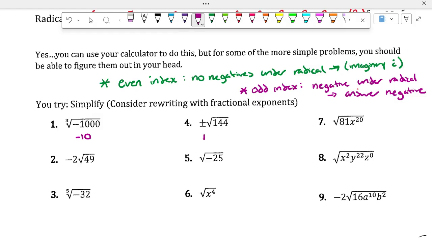Remember, we default to the plus, but they want both. So it's plus or minus what? 12. For this one, they already have the -2, so we multiply that by our answer. What's the square root of 49? 7. So that would be equal to -14.